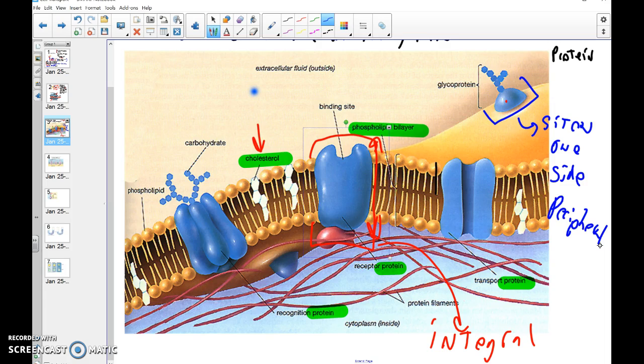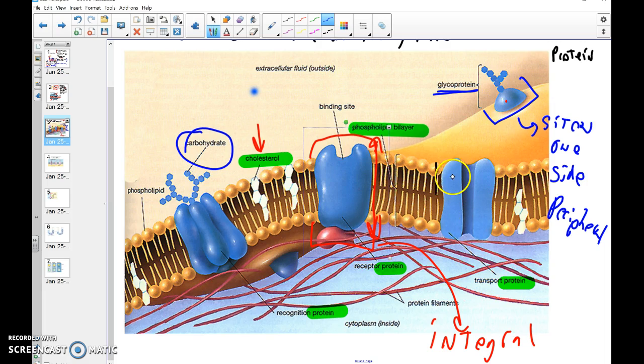Now, these different proteins can do all kinds of different jobs. You see up here, this is called a glycoprotein. That's because it has glycogen on it, the carbohydrate. Those types of proteins are used as ID tags for the cell. So the cell basically can say to your body, hey, this is me, I'm this kind of cell, there you go. And you could see that over here as well. All right.